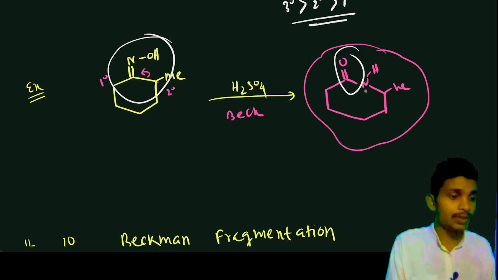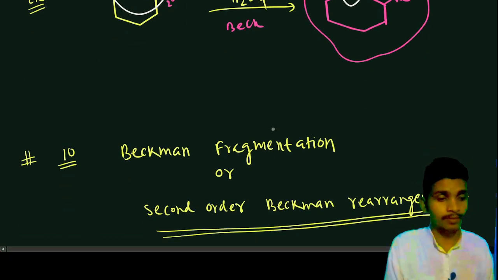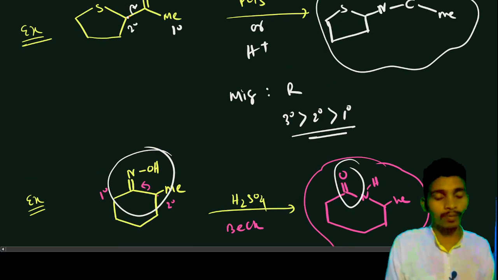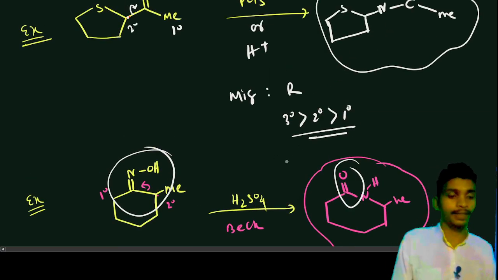Here also we insert NH in between C=O and the more migratory group, but here one more step is there: we convert this C=NOH into the C=O group. In this way we can solve more questions regarding Beckmann rearrangement.